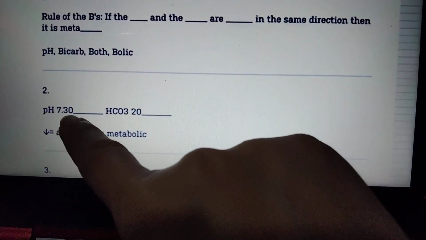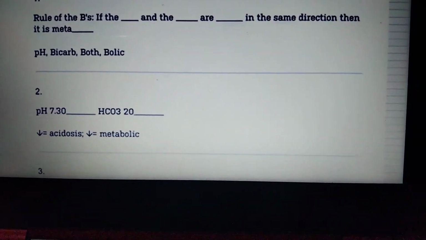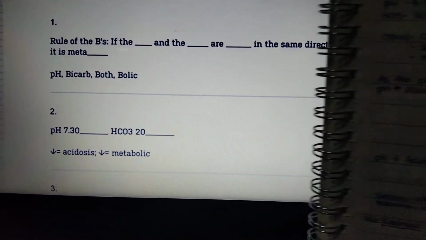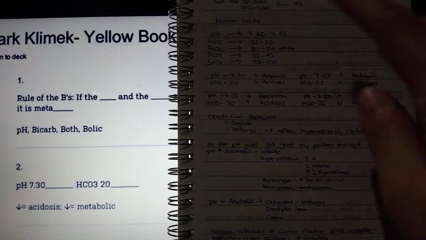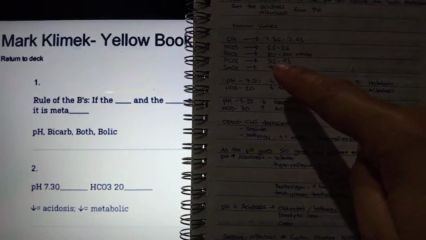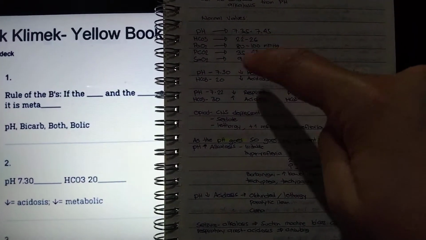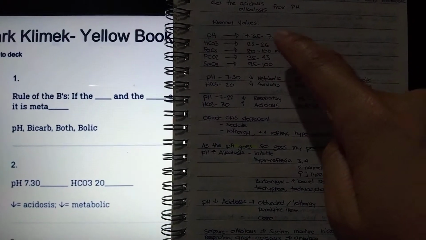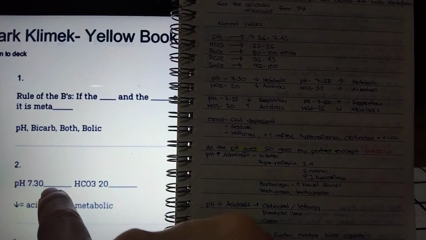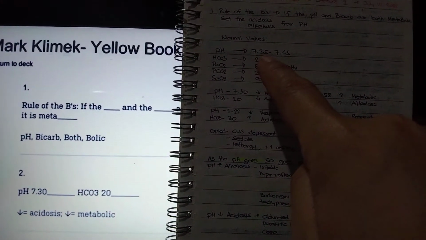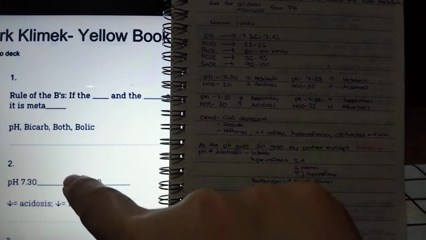The pH is 7.30, which is down or decreased.